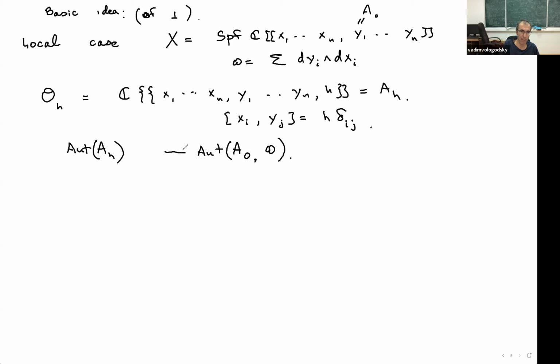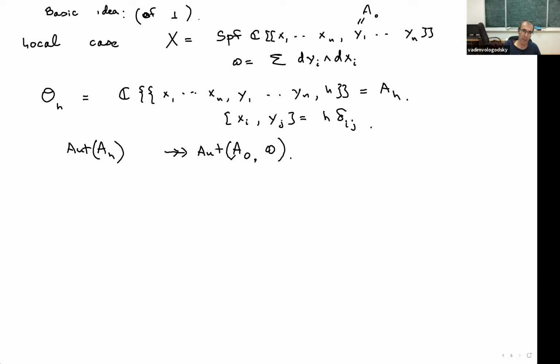Of course, there is a map from one group to the other. If you have an automorphism of A sub h, you can reduce it mod h. It will automatically preserve the symplectic form. And one can even show that this map is surjective.